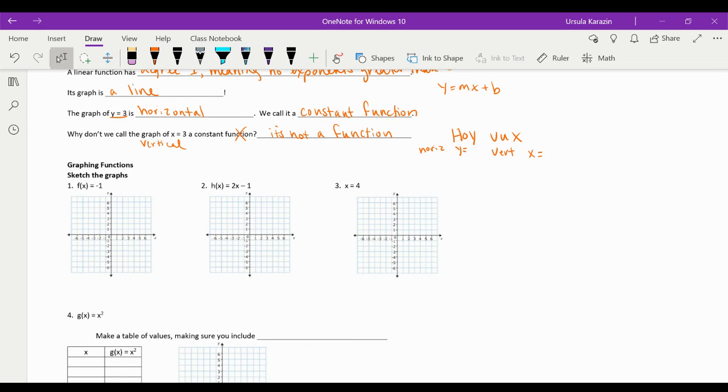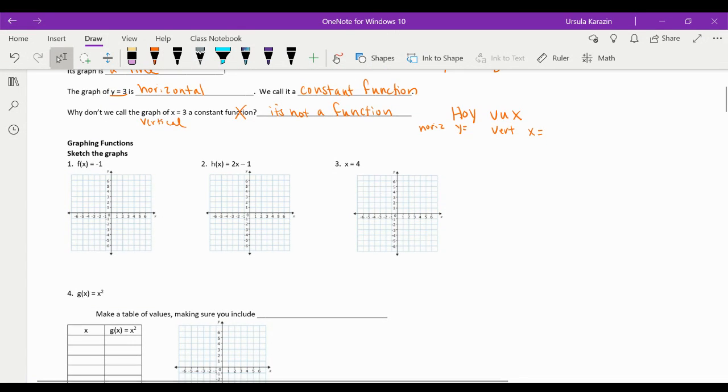All right, so let's just go over graphing some functions that you should know how to graph already. And then we're going to go into a specific function today. So f of x equals -1. Remember, f of x is just y. So this would be a horizontal line at -1. Number 2, 2x minus 1 is a diagonal line, not a horizontal or vertical.